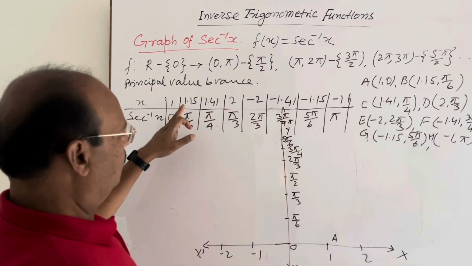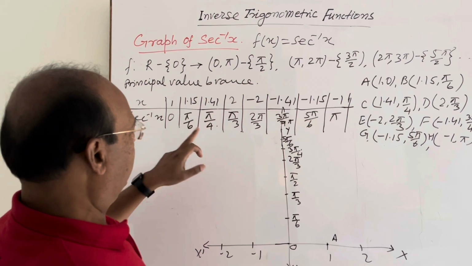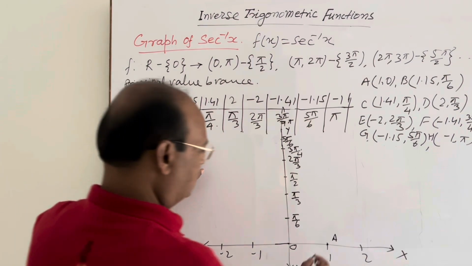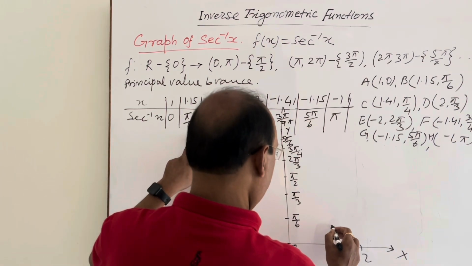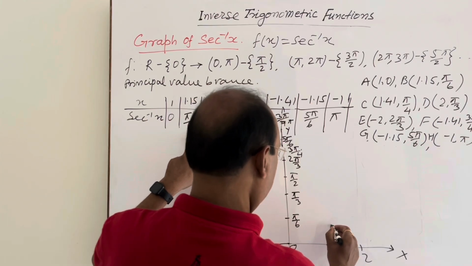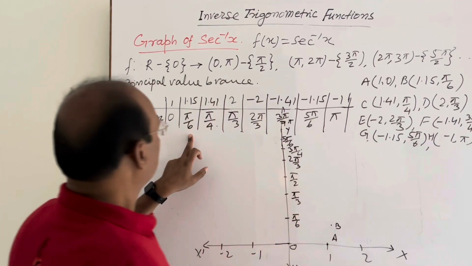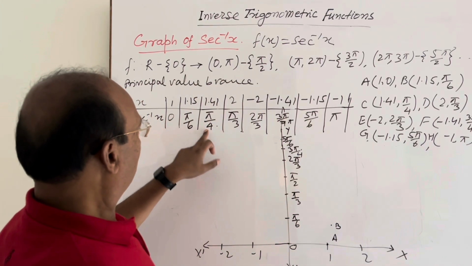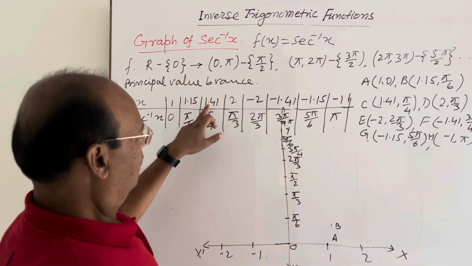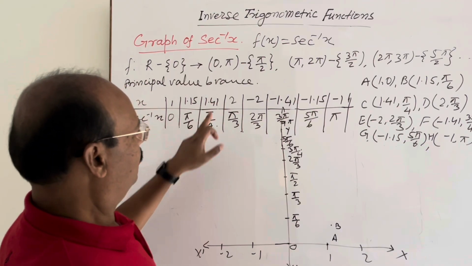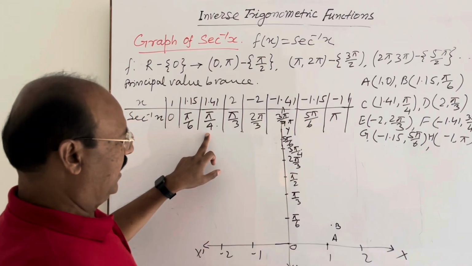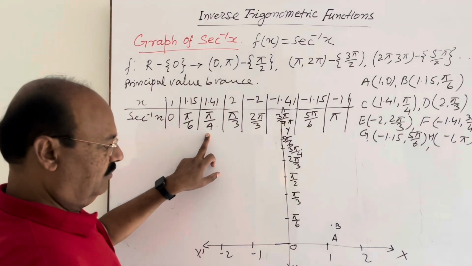The next point will be x is 1.15 and y is pi by 6. So this will be approximately here, point B. Then pi by 4 and 1.41. The x coordinate is 1.41, the y coordinate is pi by 4, 45 degrees.